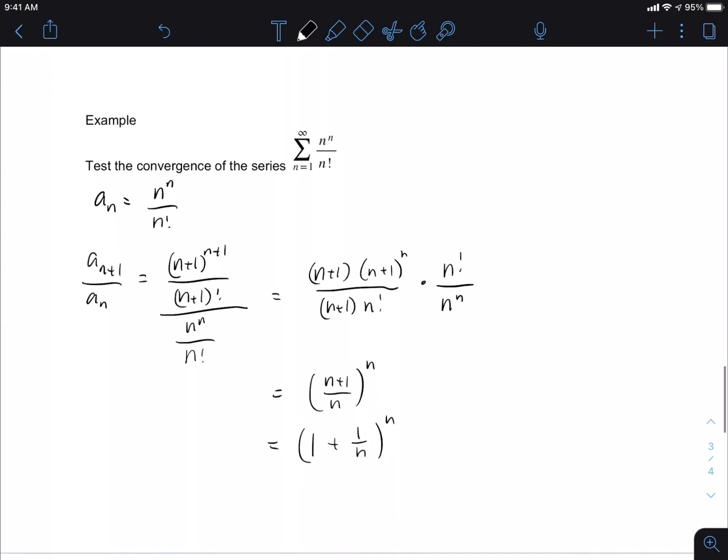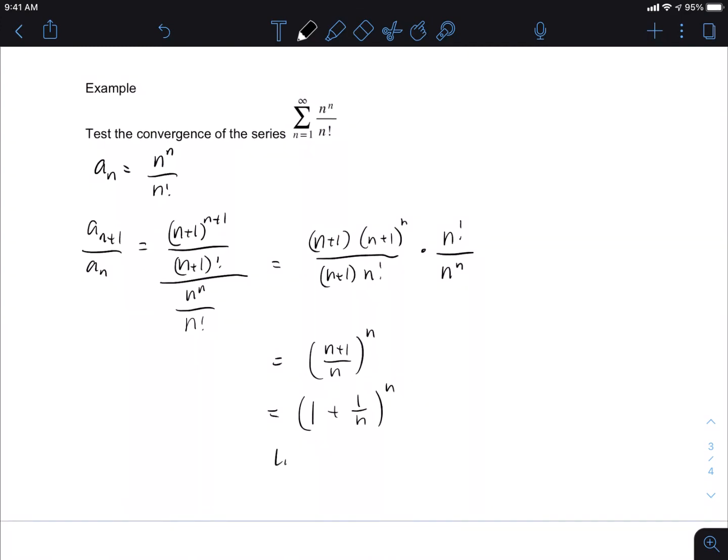And then we're going to take the limit of that, right? And so the limit as n goes to infinity of 1 plus 1 over n to the n is going to equal e. It's approximately e. You probably don't remember that, but that's from chapter 3 in your book, 3.2 to be exact. That is the definition for e.